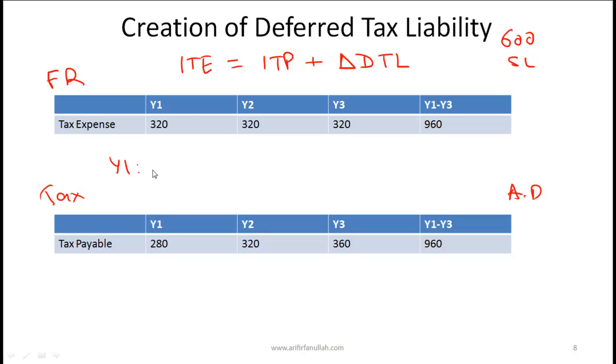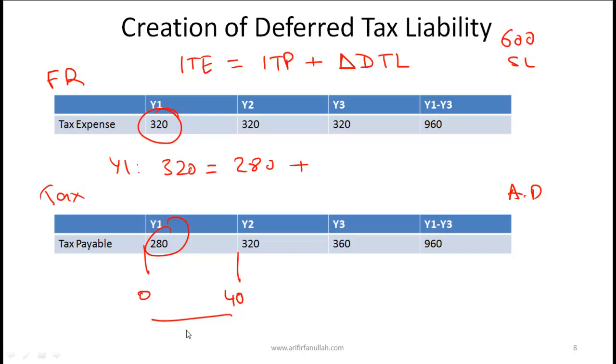In year one, our income tax expense 320 is equal to income tax payable, which is 280, plus the change in deferred tax liability. In year one, our deferred tax liability at the beginning of the year was 0. At the end of the year, our deferred tax liability was 40. So the change in deferred tax liability is 40 minus 0, which is 40.